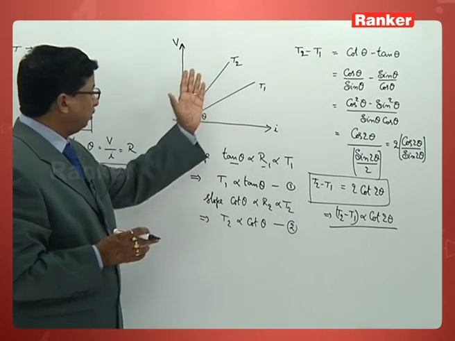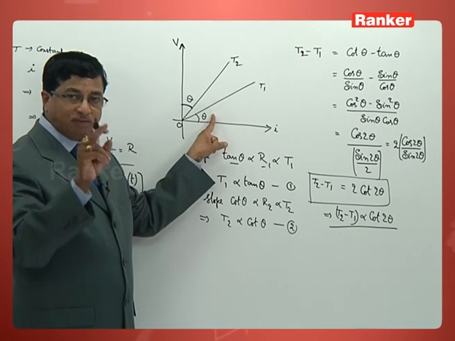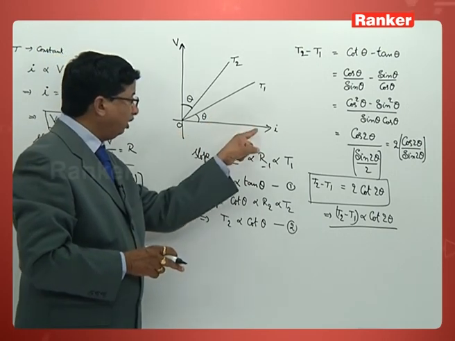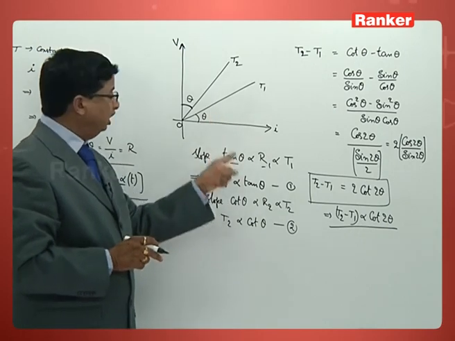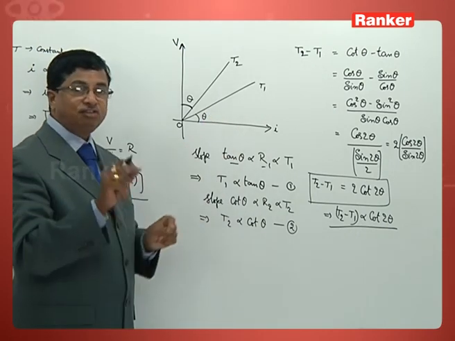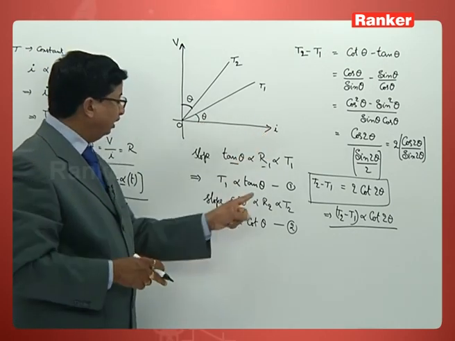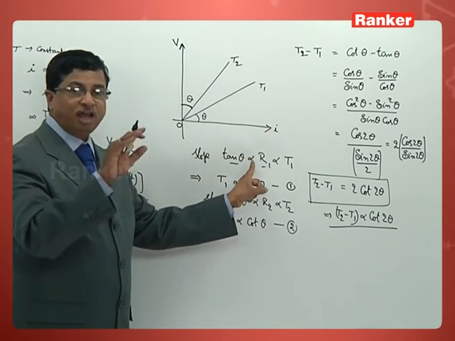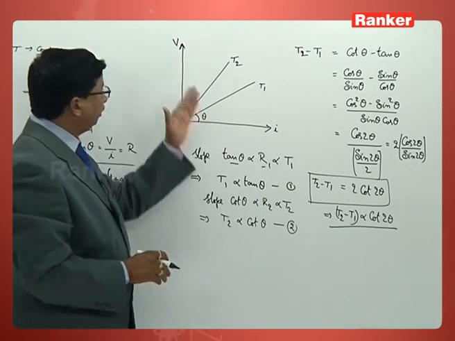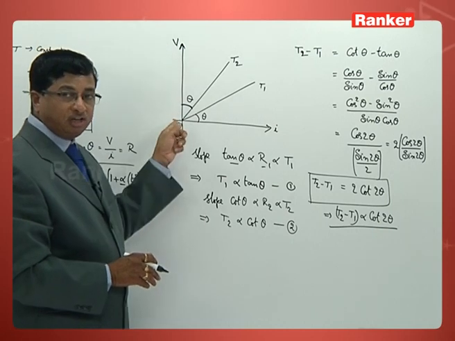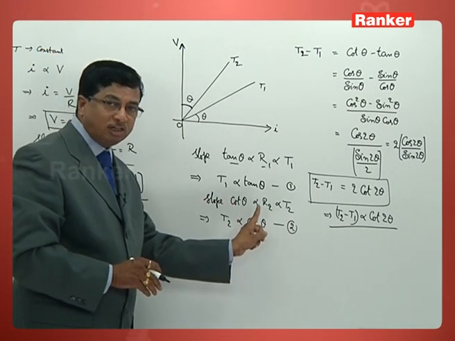So if angle theta is given with respect to the axis of current, remember this point carefully, then slope becomes tan theta. If theta is given with respect to the potential axis, then slope becomes cot theta.